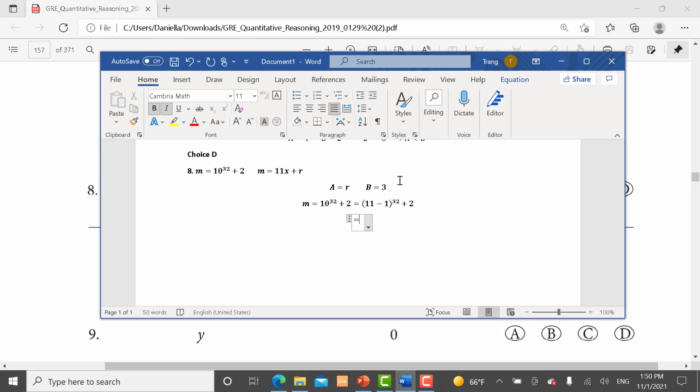the formula, before I continue this, I'm going to show you one formula. Let's say a minus b to the n.